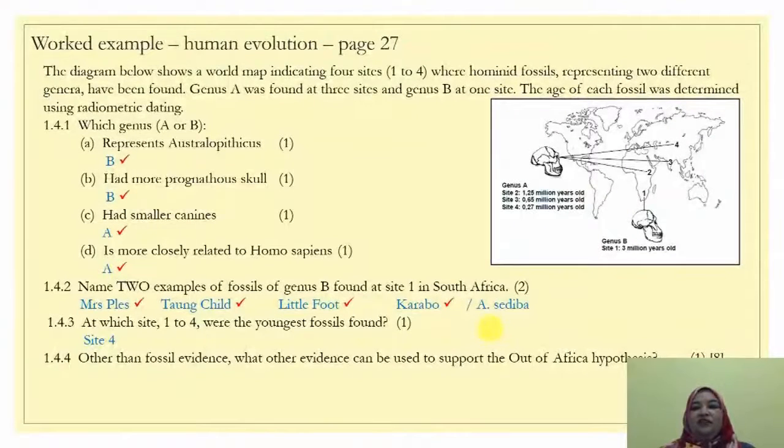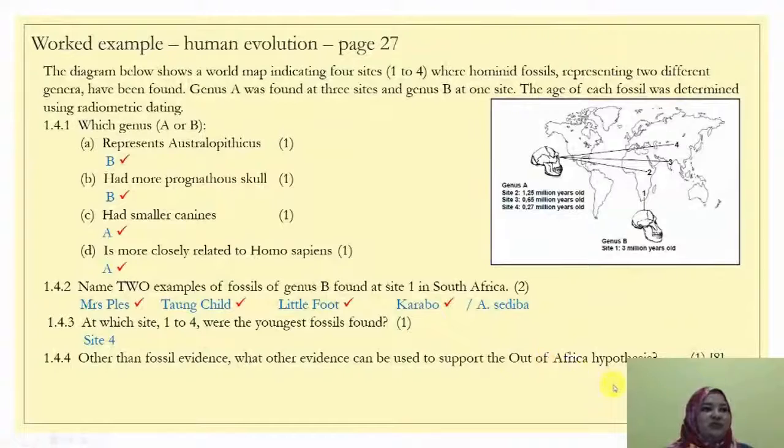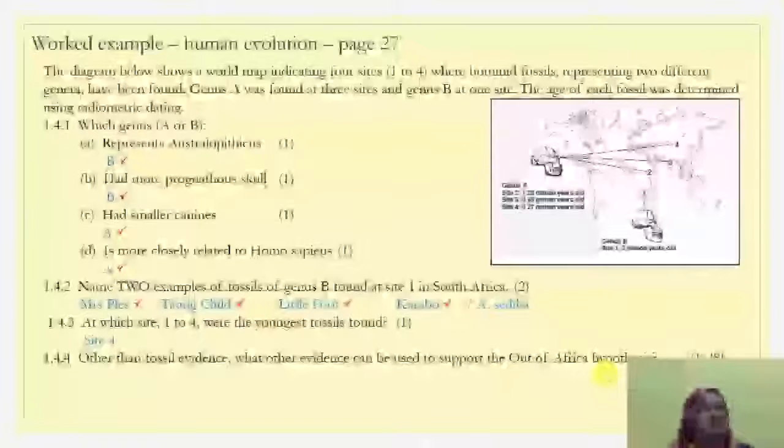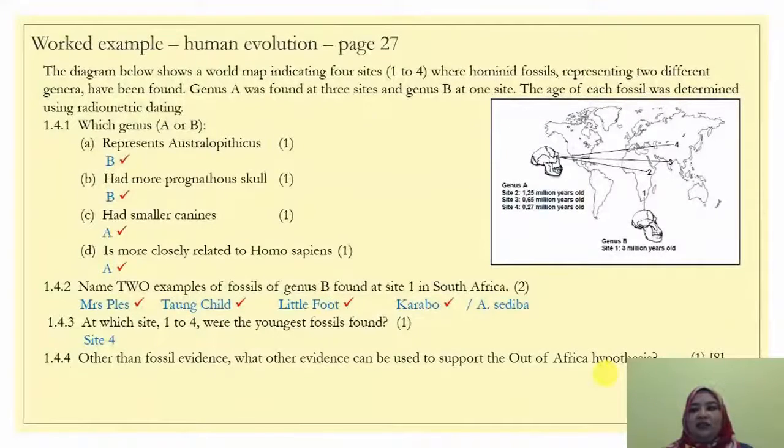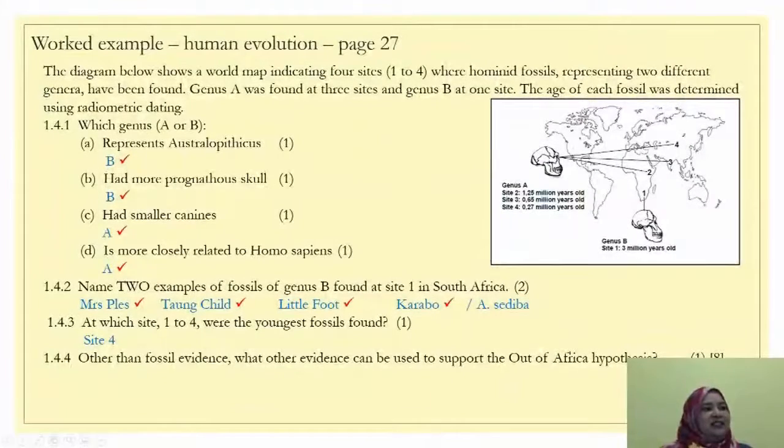Other than fossil evidence, what other evidence can be used to support the out of Africa hypothesis? What other evidence can be used besides fossils? Remember we spoke about genetic, yes, brilliant. What others?